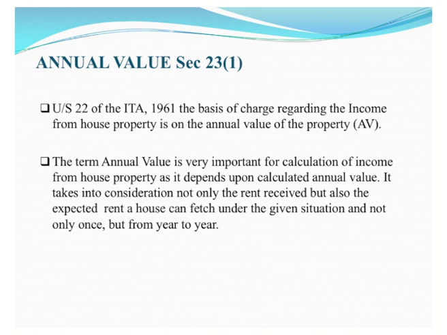So, which means that the annual value of the property is very important for calculation of the income from house property. Why? Because it depends upon the calculated annual value.